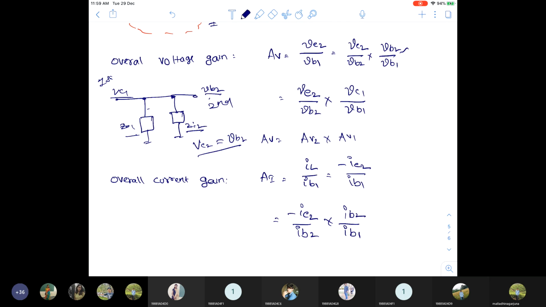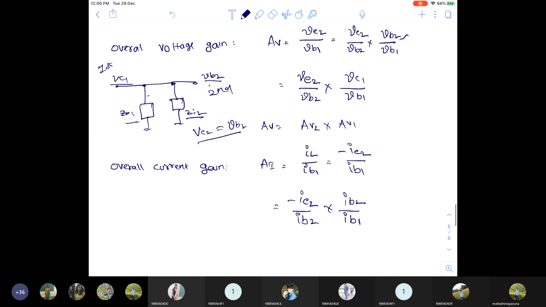So multiply and divide with IB2. Now I have to convert this IB2 in terms of the output current of the first stage, so that I can get the individual current gains of the first stage and second stage separately. To calculate IB2 in terms of the output current of the first stage, take the same circuit diagram.